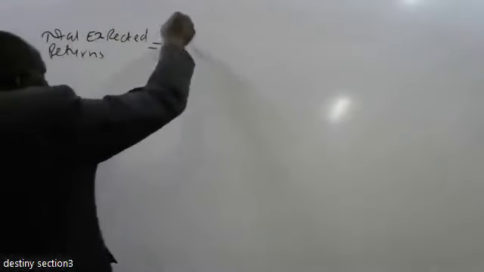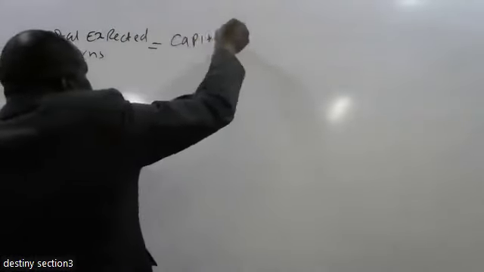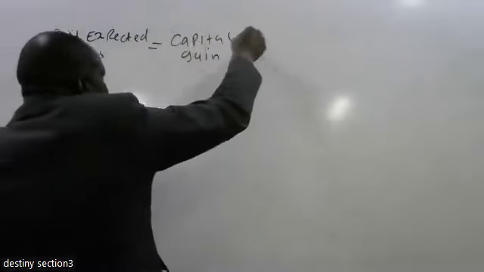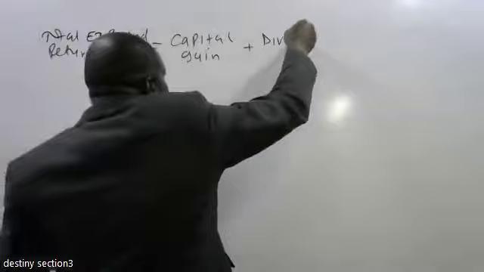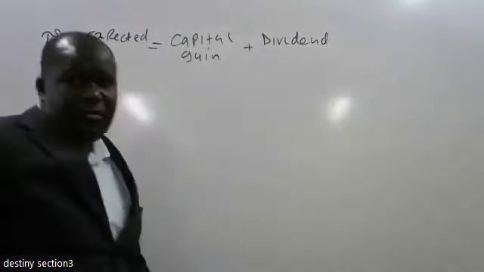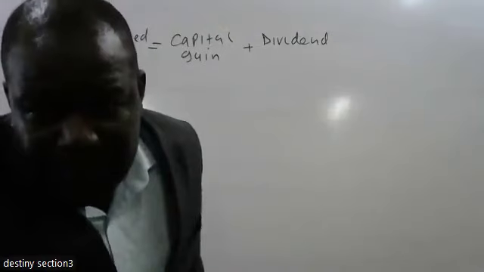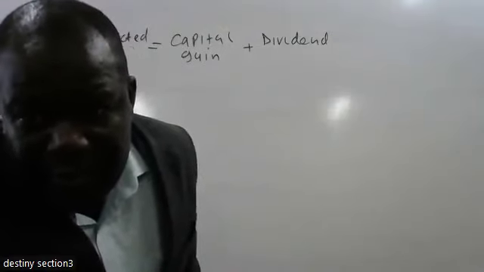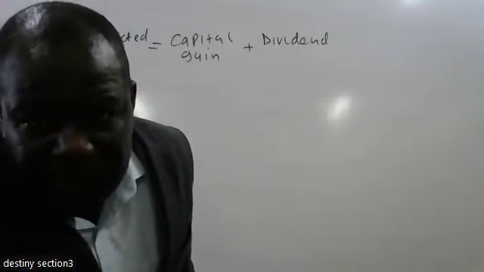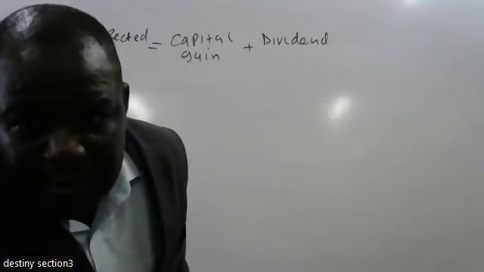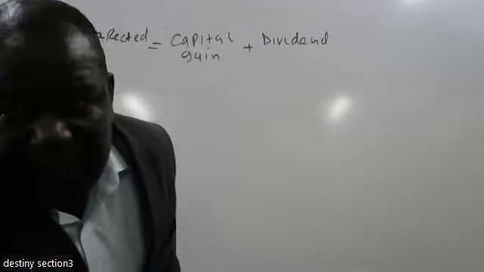Normally, to get the total expected returns, it is given by the capital gain, then we add the dividend.